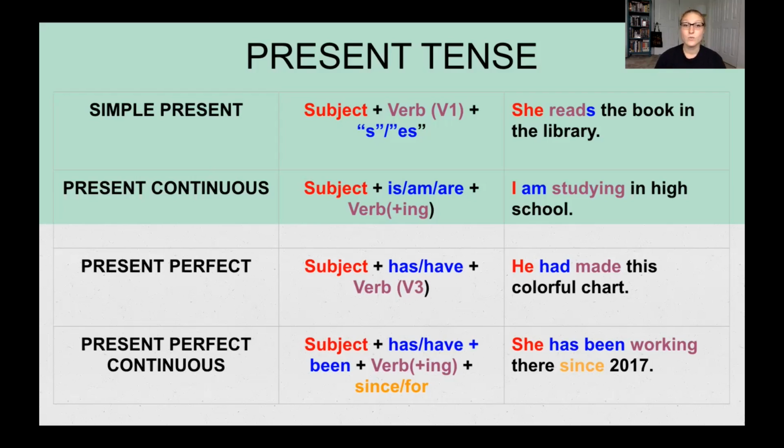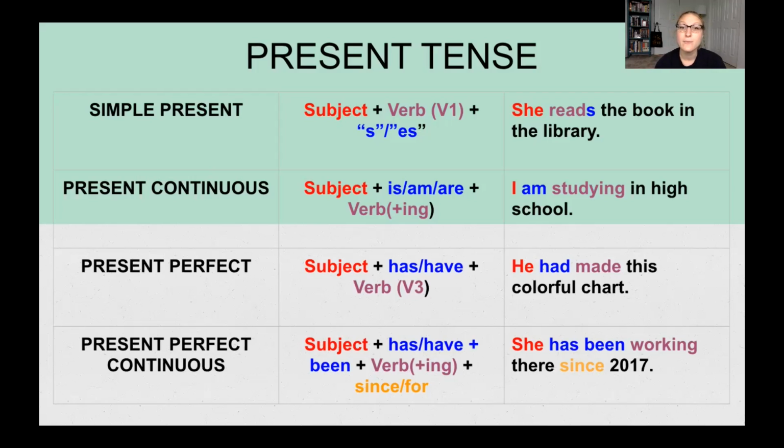Next, we have our present continuous tense. And in this one, we have the subject, is, am, are, plus the verb, then you add that ing to the verb. So you have the subject in red. Blue is a helping verb, sometimes also known as a linking verb. And then studying has our ing attached to the verb study.